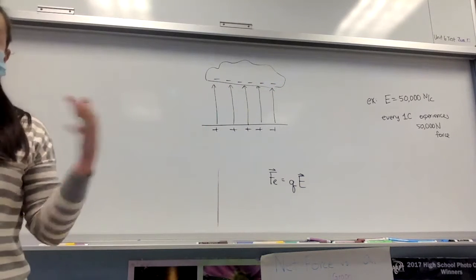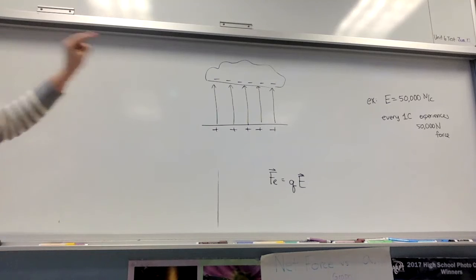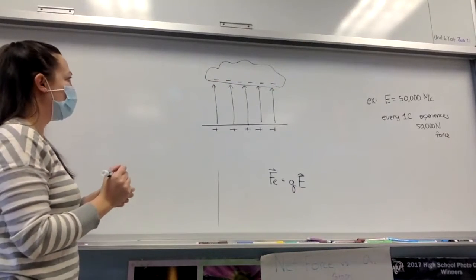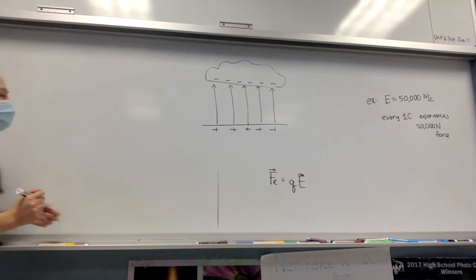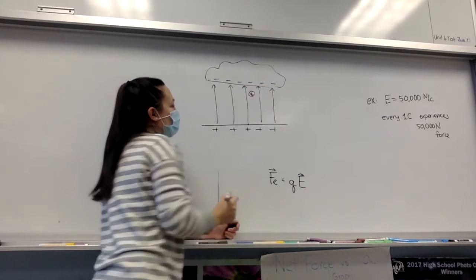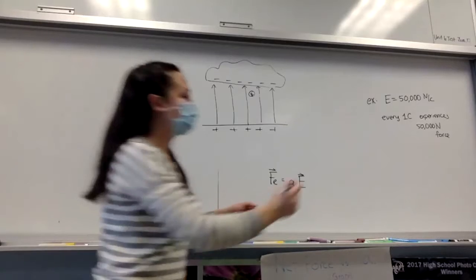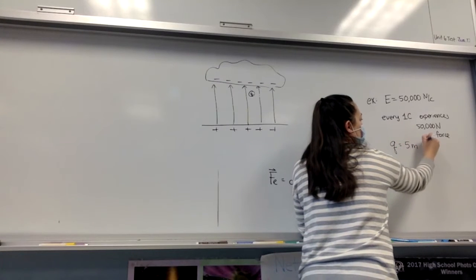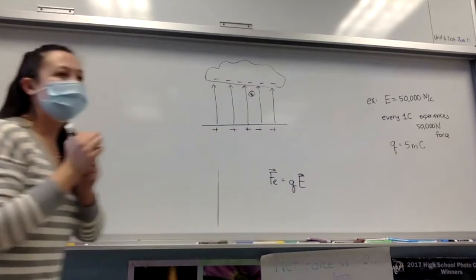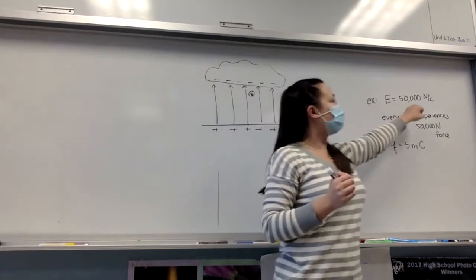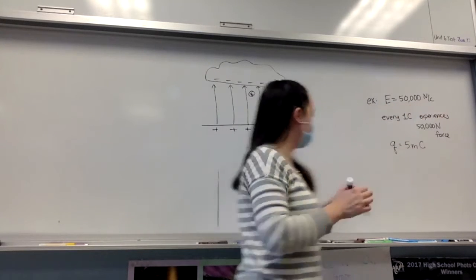Let's say that everywhere in the field, a particle experiences 50,000 newtons for every 1 coulomb of charge it has. So let's say I put in a charge over here, charge Q, and I'm going to give Q a value. Let's say Q is something like 5 millicoulombs. Since Q is only a fraction of a coulomb's worth of charge, it's going to experience some fraction of 50,000.